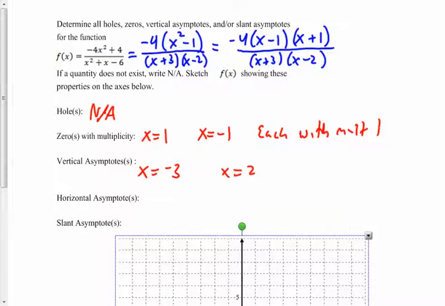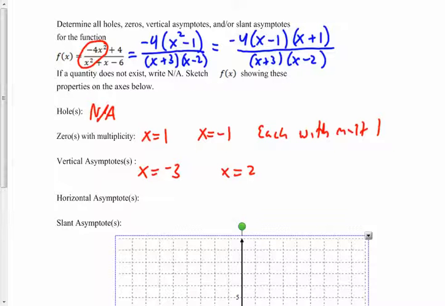As for the end behavior, our function will either have a horizontal asymptote or a slant asymptote. One way to check quickly which one it is, is to look at the degrees of the largest degree term. If the degrees are equal, we'll have a horizontal asymptote. When the degree of the numerator is one more than the degree of the denominator, that's when we'd have a slant asymptote.